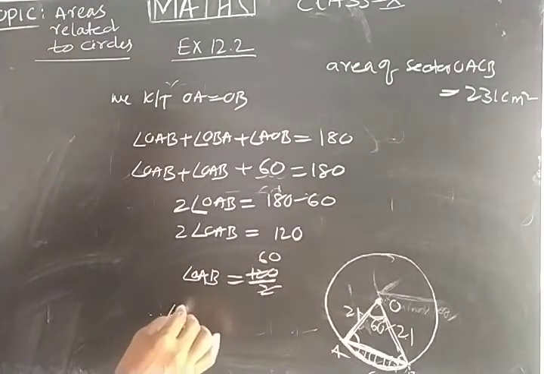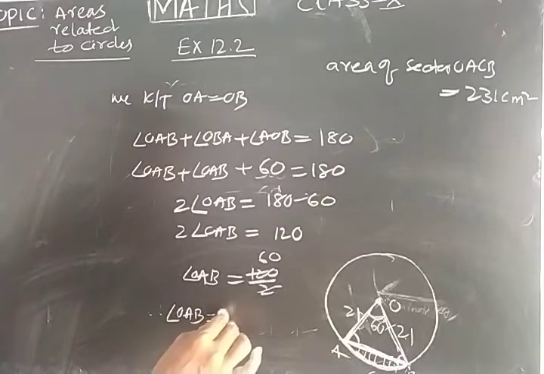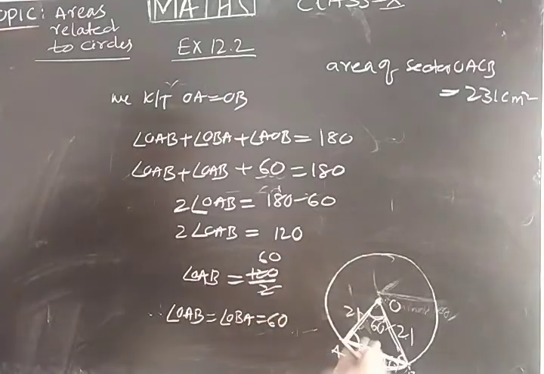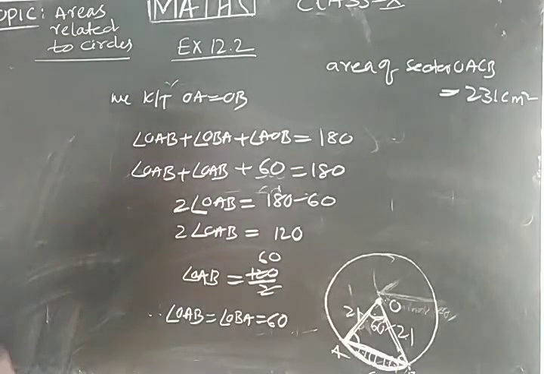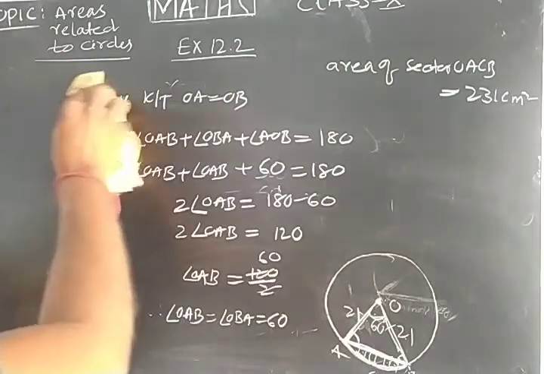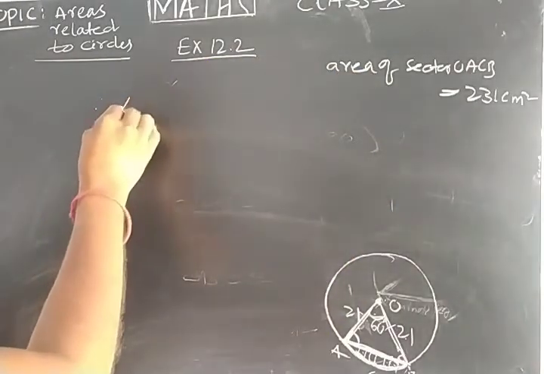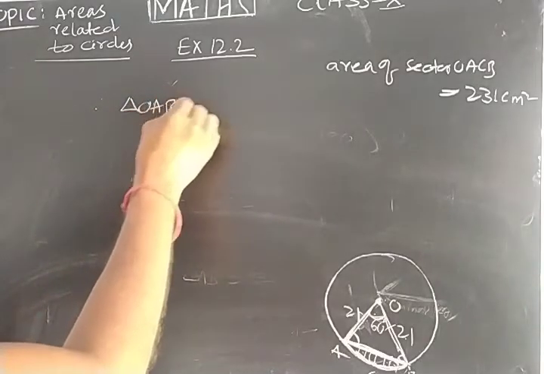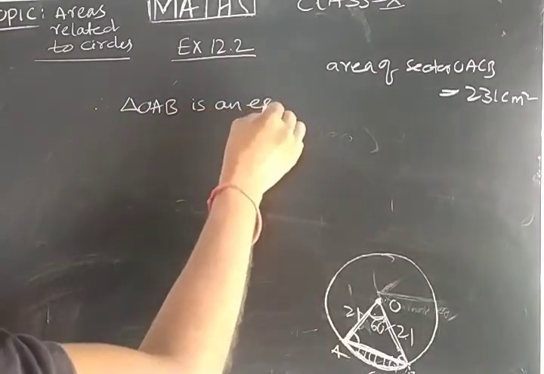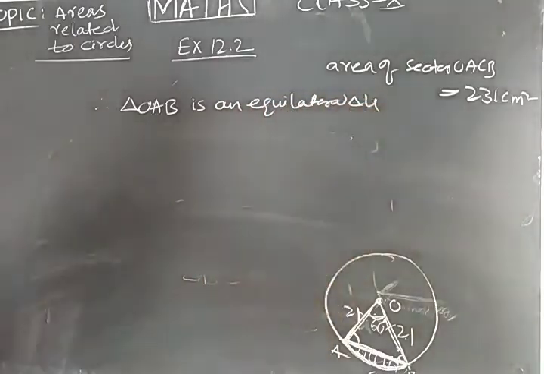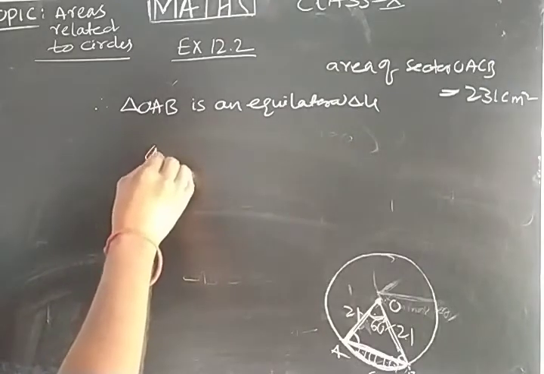Therefore angle OAB and angle OBA are both 60 degrees, and AOB is also 60 degrees. Since all angles are 60, the triangle OAB is an equilateral triangle.